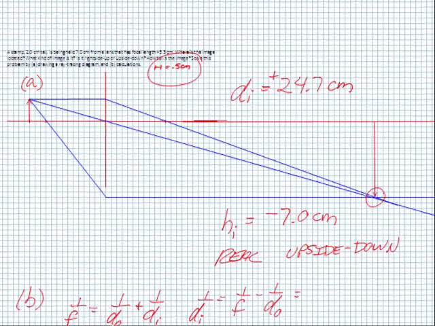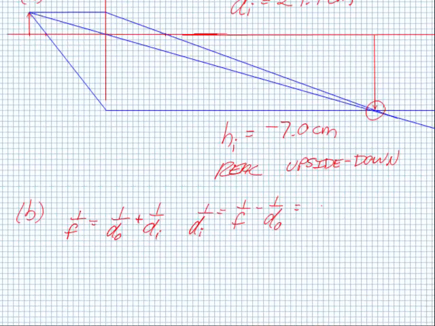Our f here was 7 centimeters. Oh, sorry, the f was 5.5 centimeters, and do was 7 centimeters.